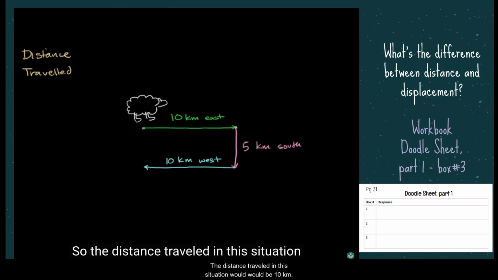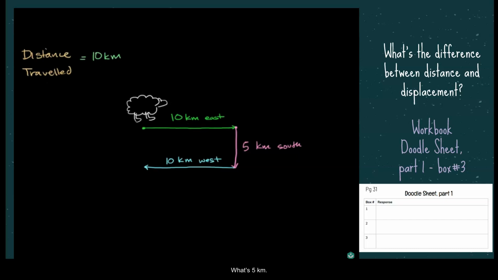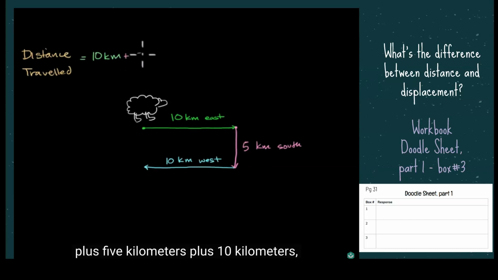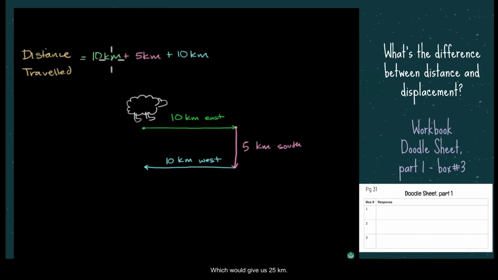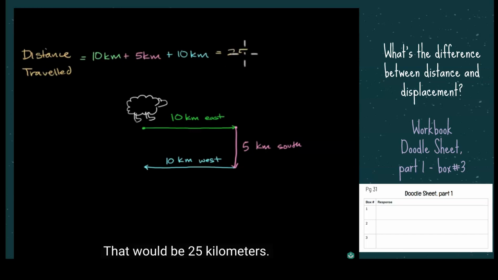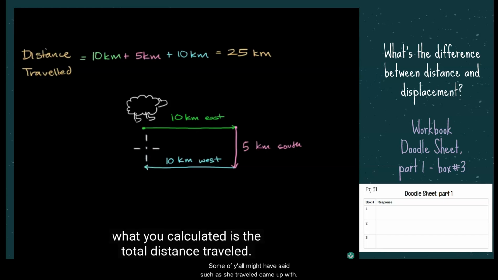So the distance traveled in this situation would be 10 kilometers plus 5 kilometers plus 5 kilometers plus 10 kilometers plus 10 kilometers, which would give us 25 kilometers. Some of y'all might have said that the sheep traveled 25 kilometers. If that's what you came up with, what you calculated is the total distance traveled.